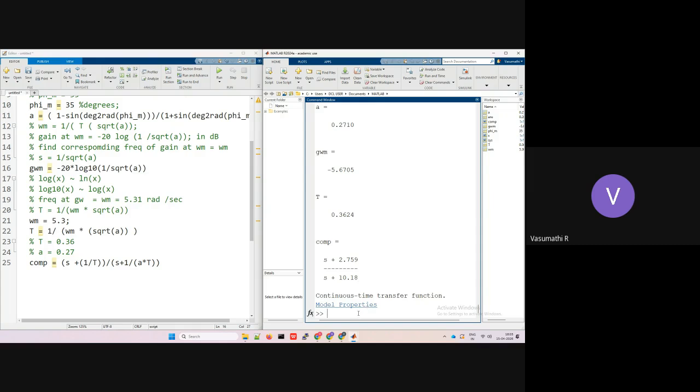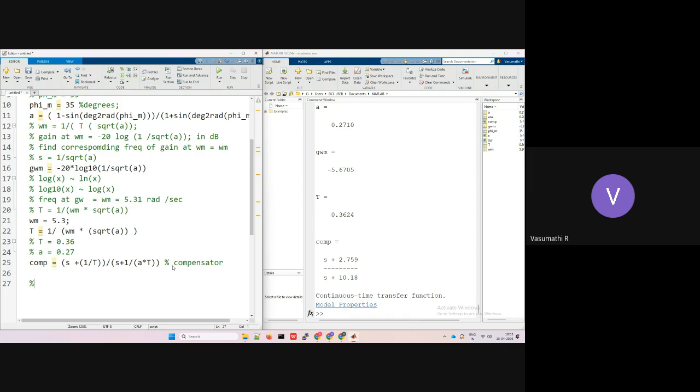And the next step is to verify whether that is working or not. Now I am doing this, this is my compensator.